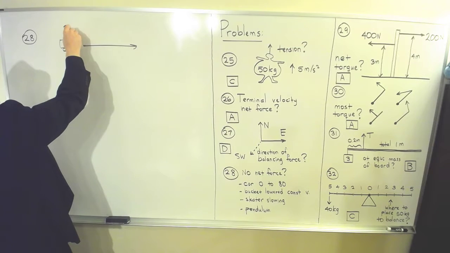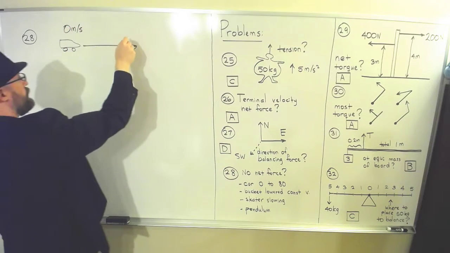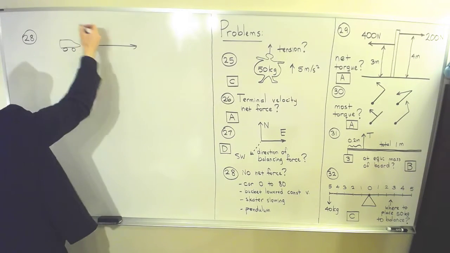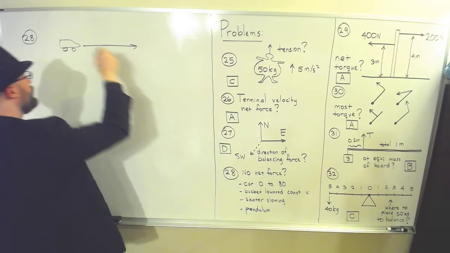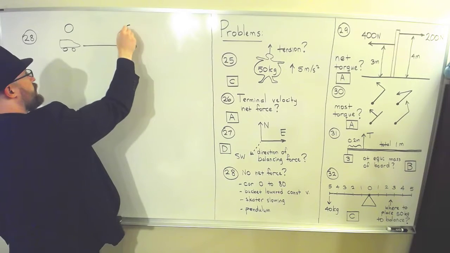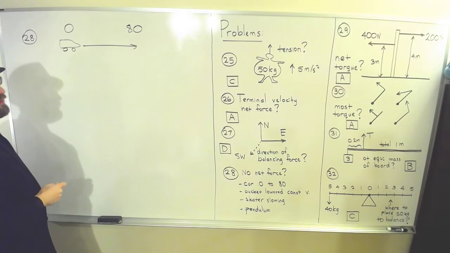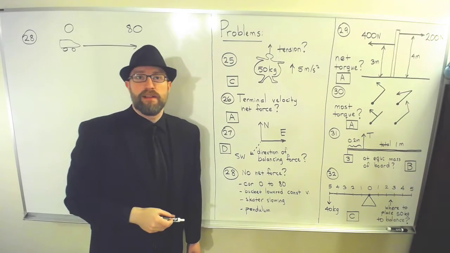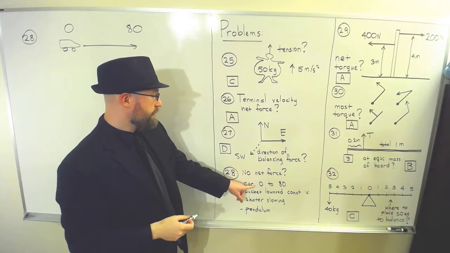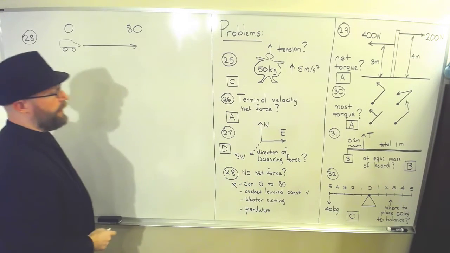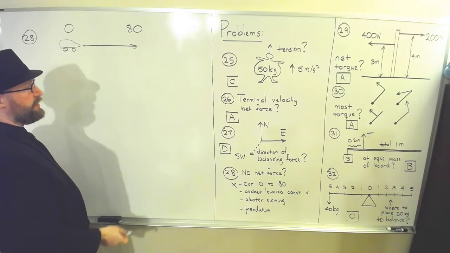It doesn't matter what the numbers are, but we'll just say it goes from 0 to 80. Well, it has to experience a net force or else it wouldn't accelerate. It starts out at 0, it gets to 80, so that's going to be an X. That one certainly does experience a net force.